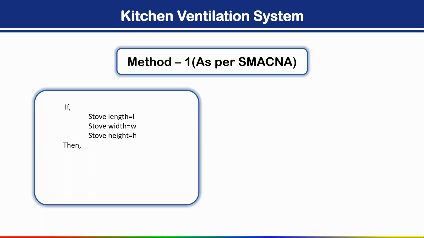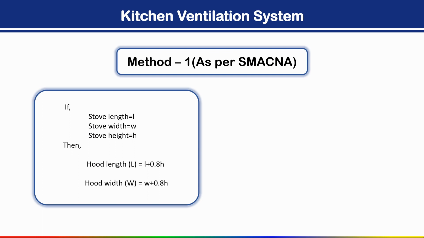For that we have a formula. To find out the hood length, capital L, the formula is capital L equals small l plus 0.8 small h, where small l is the stove length and small h is the stove height. So if you know the dimensions of the stove, you will easily get the hood length, and you can find the hood width also.